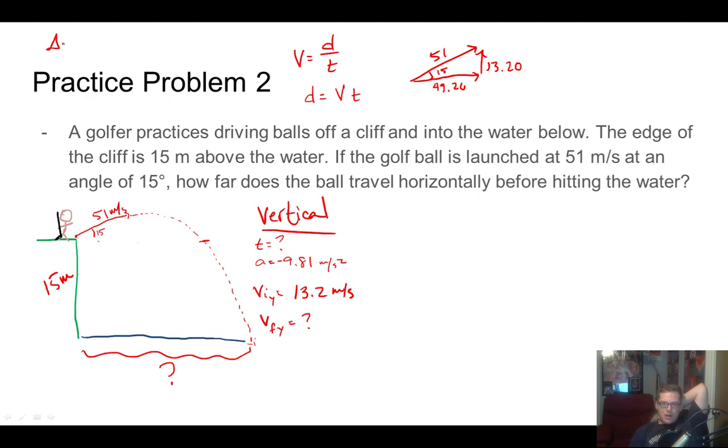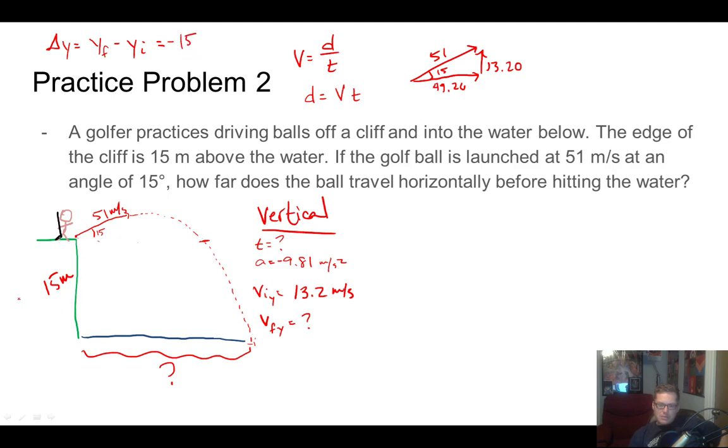Well, delta y is equal to the y final minus the y initial. In this case, what is our y final? Well, our y final is the water down here, right? And the y initial is up here. So what's the difference between down here and up here? They already told us it was 15, right?